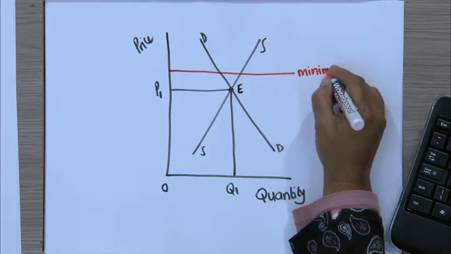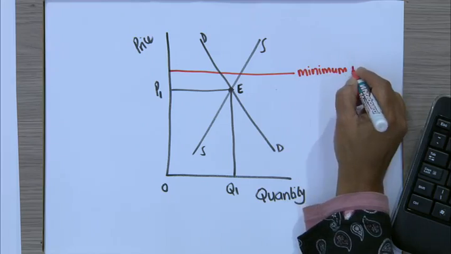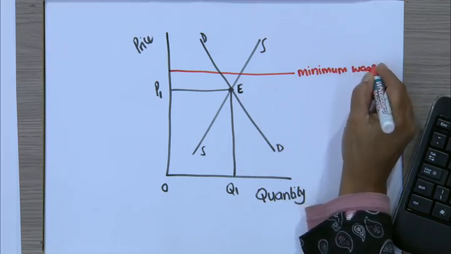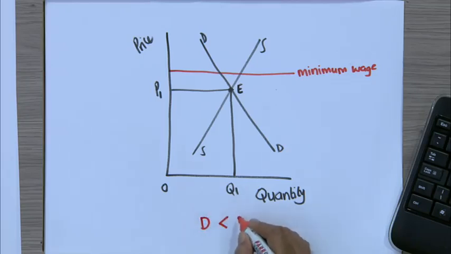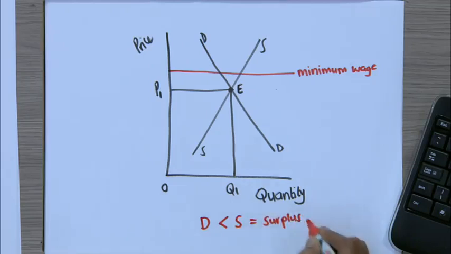And you're again going to have a situation where the demand is smaller than the supply. So now again you have a surplus.